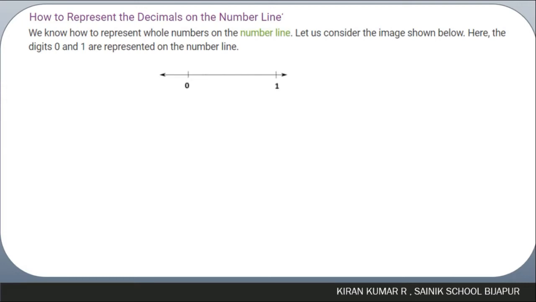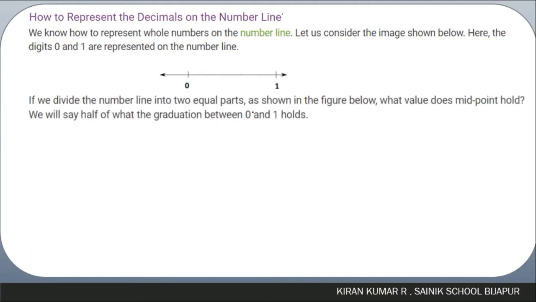If we divide the number line into two equal parts, as shown in the figure below, what do we get in the middle value? It will be 0.5 because the distance from 0 to 1 is 1. On dividing by 2, we get the value as 0.5. This point is at 0.5 units away from 0.